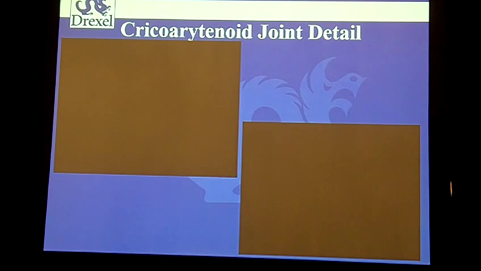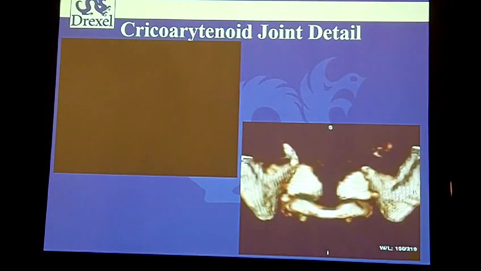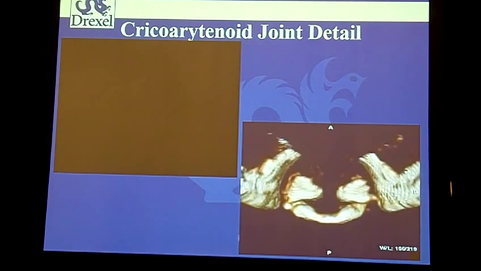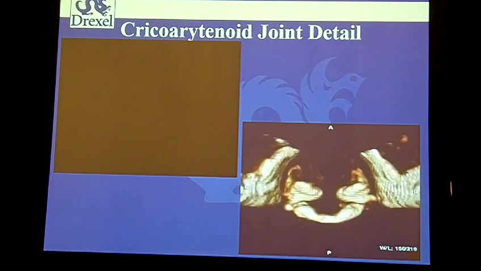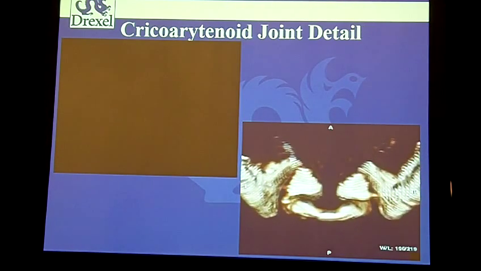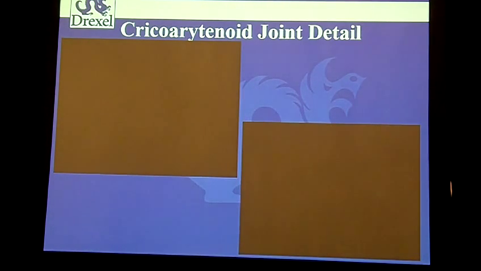Could you use your pointer to point out where it's connecting? Because I don't see it. If I have my pointer again, I will. If you give me back my pointer and make it move, the only area, where is the pointer? There it is. One more time. Please make it play.